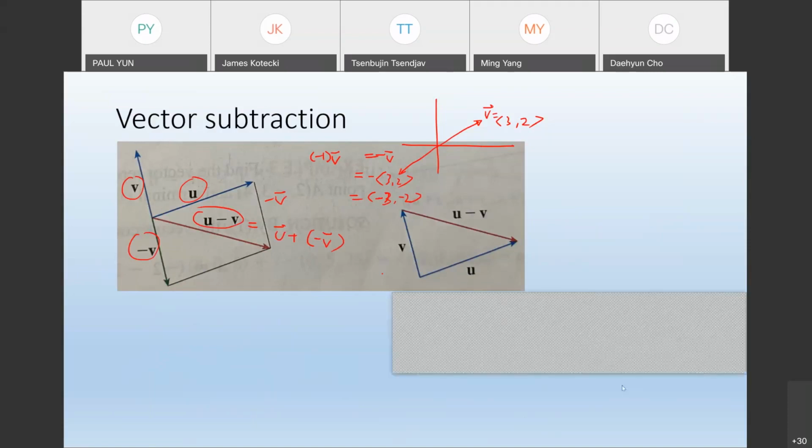All right, type yes if you get it. Just make it negative v and add it. Same rule, it's addition. But I suggest this way. Now I think we should think of it this way. We have a u and we have v.